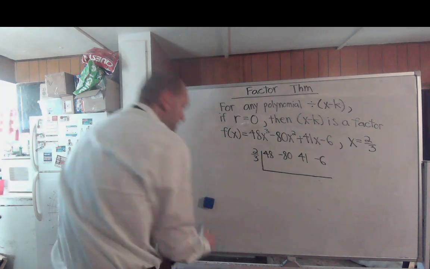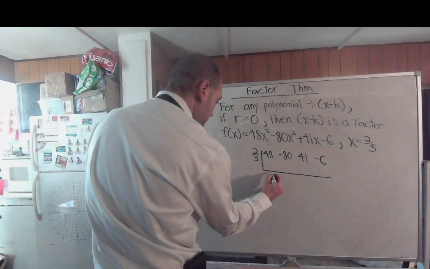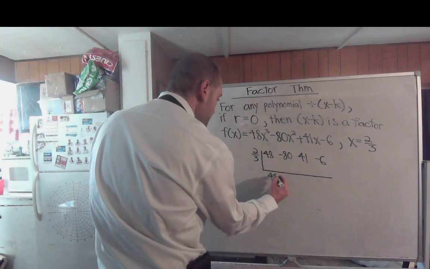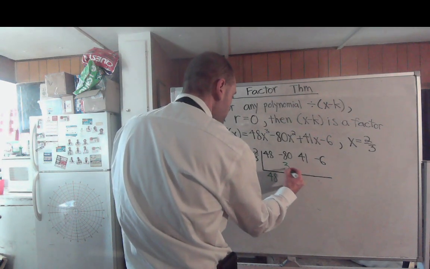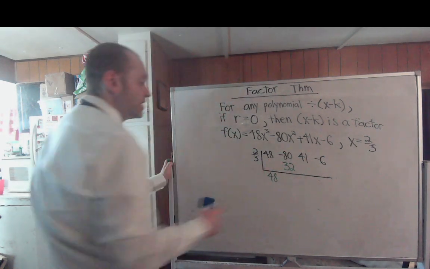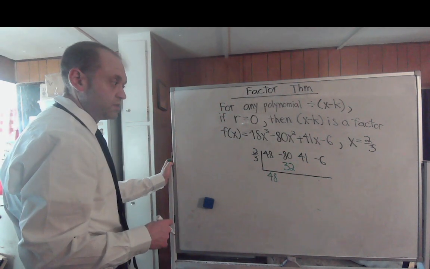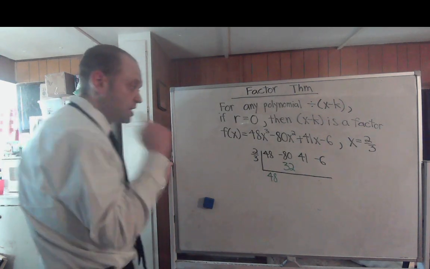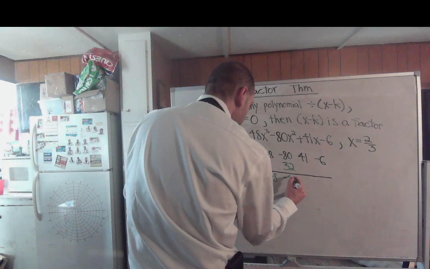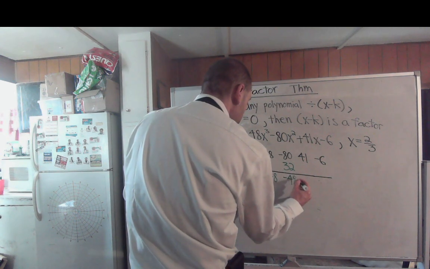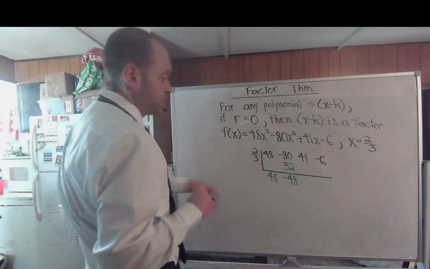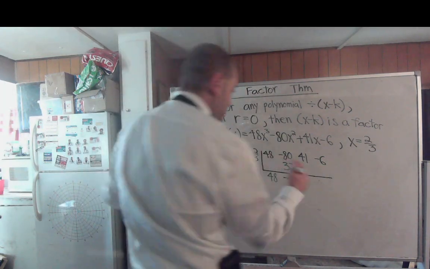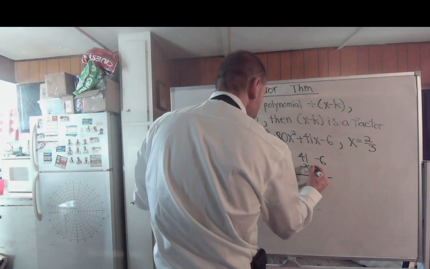So go ahead now, bring down that 48. So then let's figure out what 2/3 of 48 is. Well, that's going to end up being 32. So negative 80 plus 32, that should end up being negative 48. And then 2/3 of negative 48 would be negative 32.